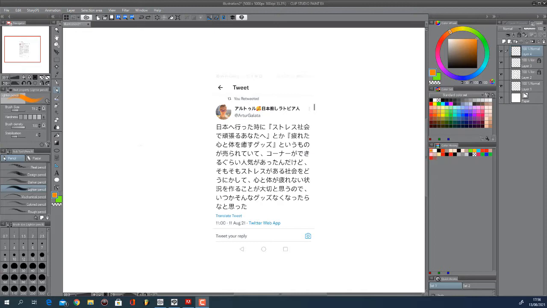Verbs can be used by themselves and they make sense. This is important when we're looking to determine what our clause is. So if I say kokoro to karada ga by itself, it doesn't make sense. It needs extra information.